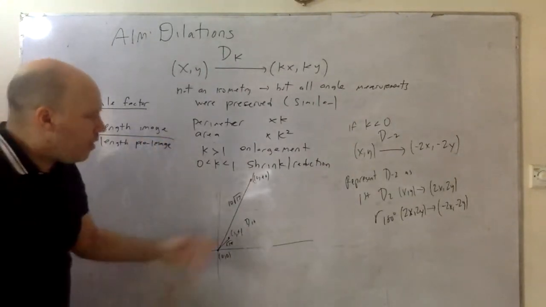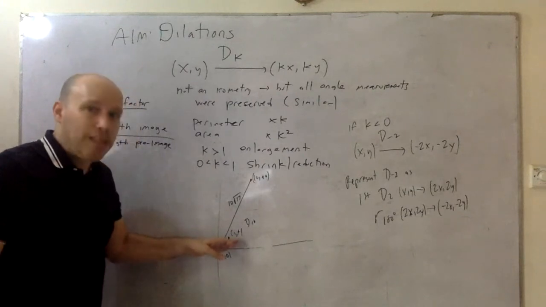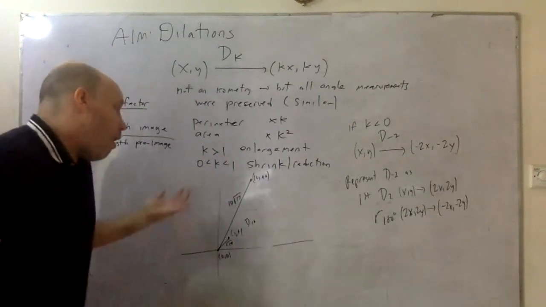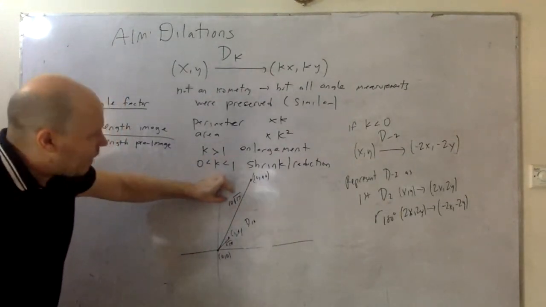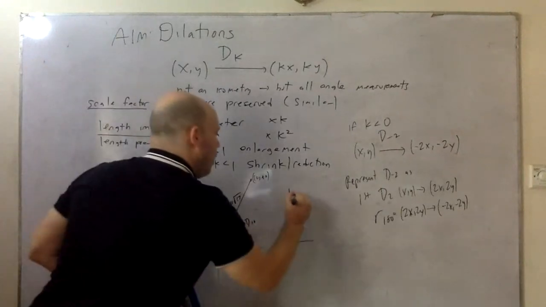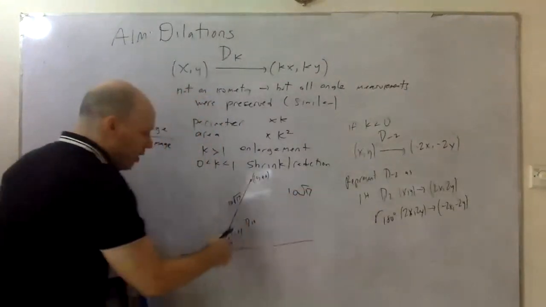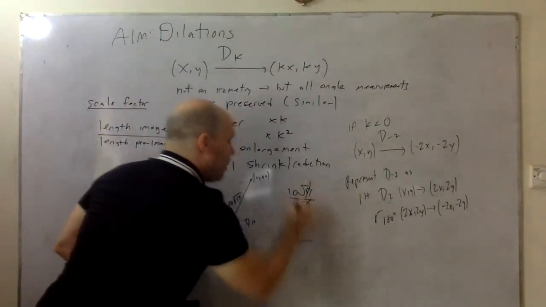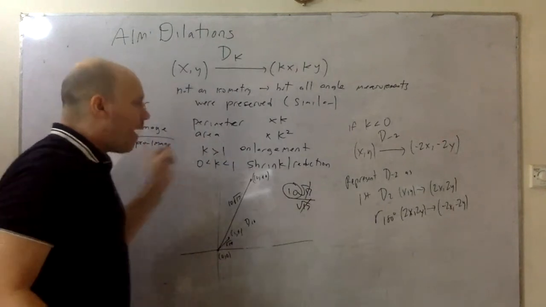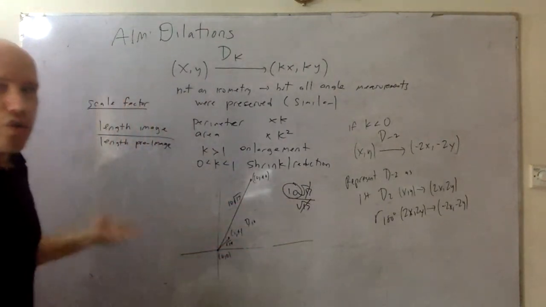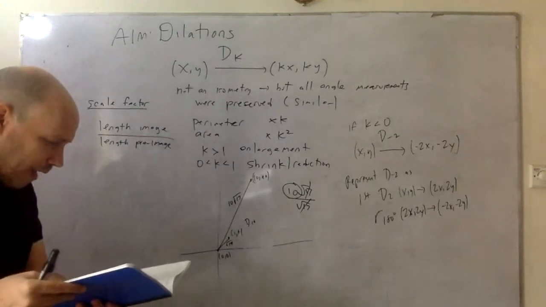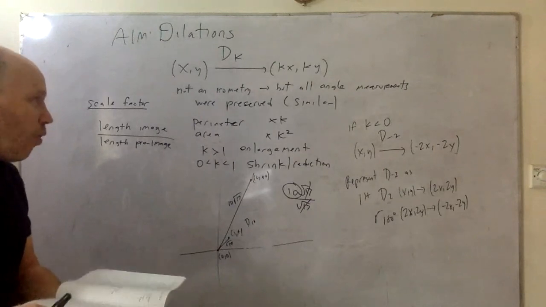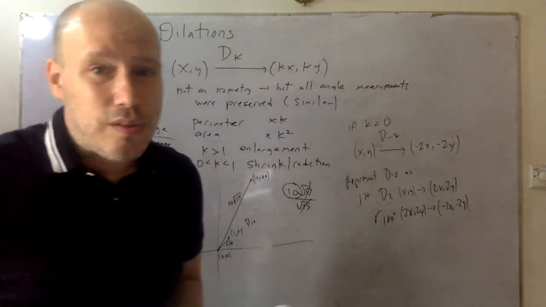So for example, they would say, 1, 4 was dilated to 10, 40. What was the scale factor? You'd say, okay, the final image distance was 10 radical 17, and the pre-image distance was radical 17, so the answer is 10. And so it was dilated by a factor of 10. Those are the exercises in the book you'll be doing. That's basically it for dilations. I'll give you some problems in the book to do. Good.